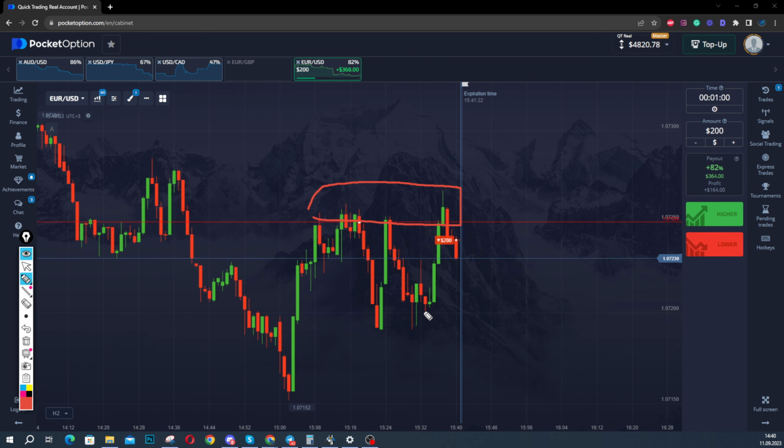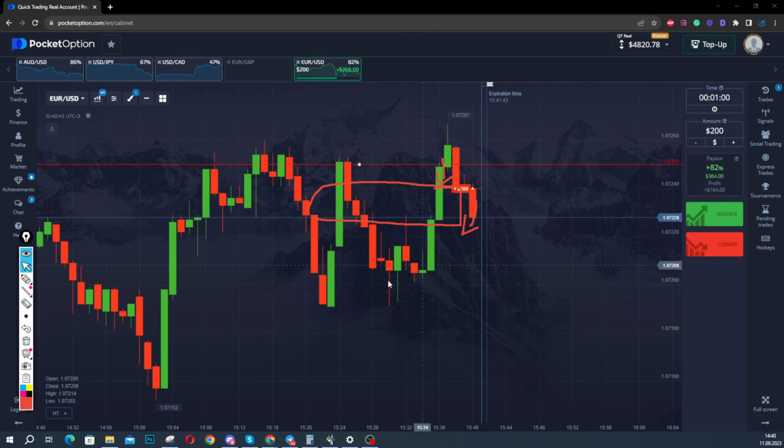Another way to see the market is how it breaks the levels, and we see the break definitely here, but this is not strong. It gets directly rejected and yeah, messed up here.